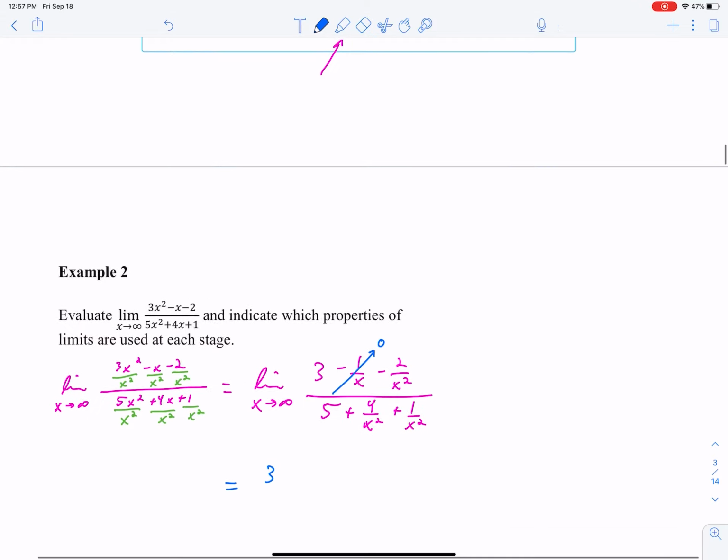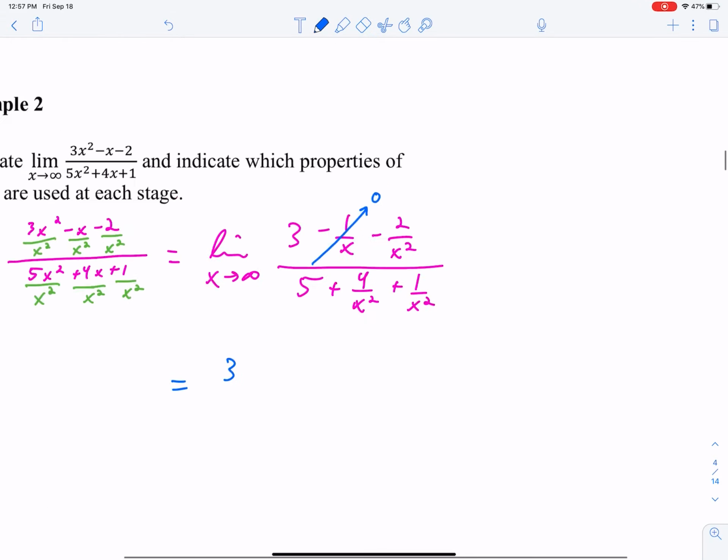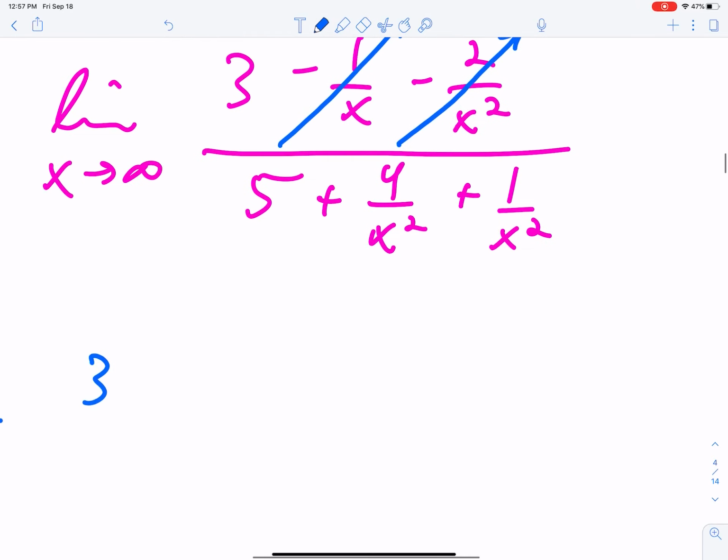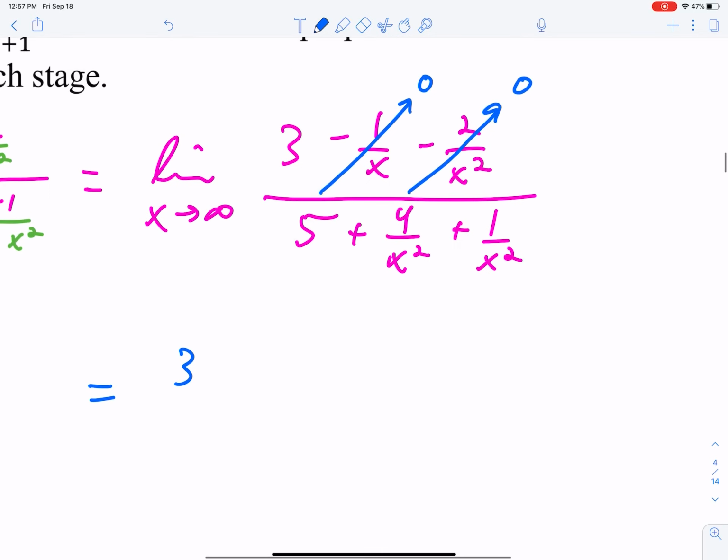And then we just had that rule up above: 1 over x to any exponent, as long as it's a positive exponent, will also go to 0. Because if x is going to infinity, then 1 over x is incredibly close to 0, and something incredibly close to 0 squared is still incredibly close to 0.